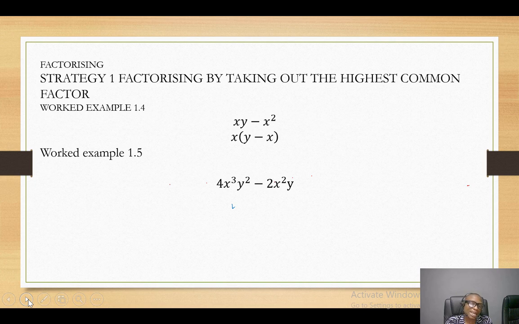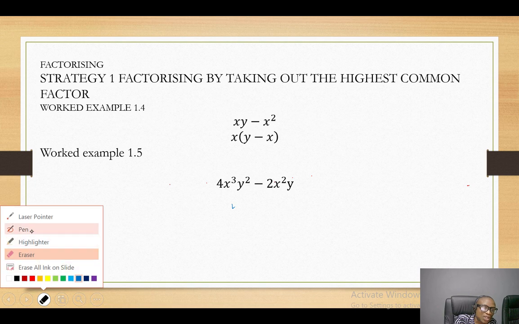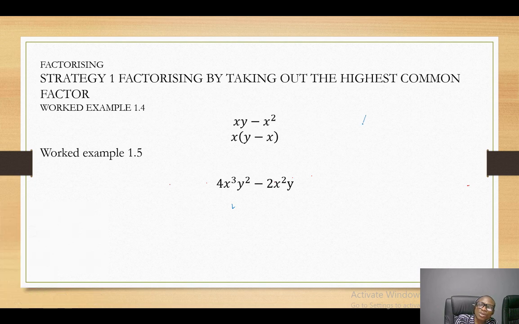When you look at a mathematical expression, let's say you've got 4 times 3 times 2. How many terms are there? It's very important to know how many terms are there in 4 times 3 times 2.